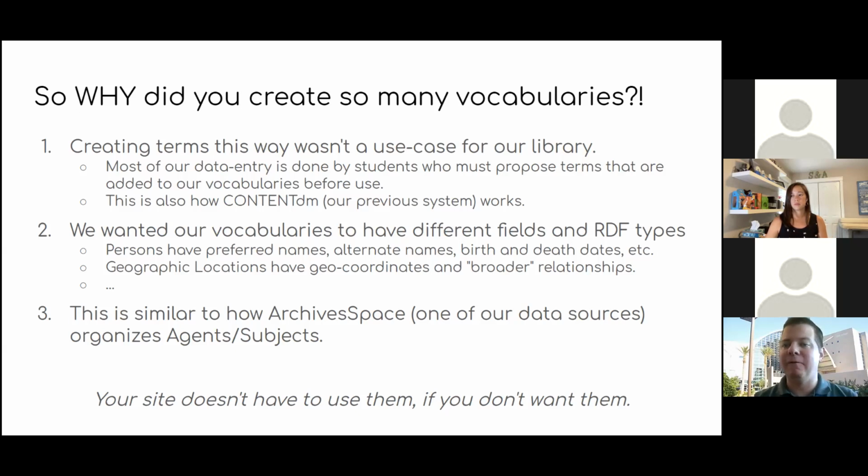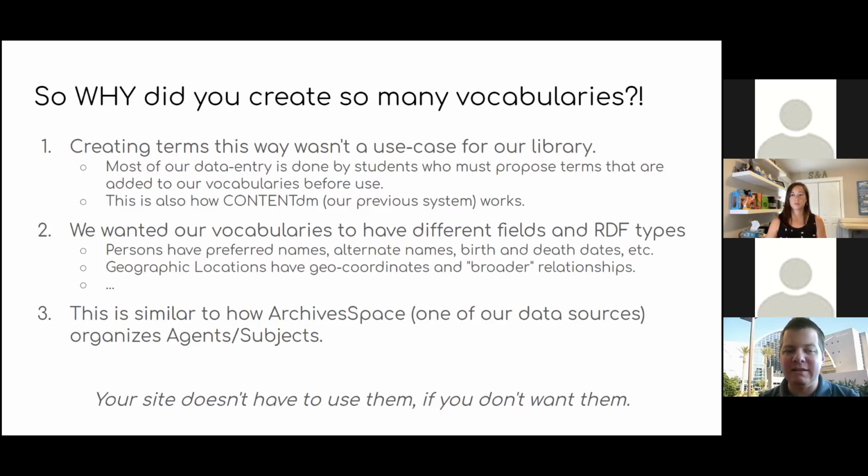And it might be slightly different for the corporate bodies vocabulary, because sure, they have inception dates and dissolution dates, but those aren't the same as birth and death dates, semantically speaking, right? Even though they also have preferred names and alternate names, it's not quite the same. So we wanted different vocabularies so we could describe these elements of the things we were using to link from our descriptions of our records. Geographic locations has a completely different set of fields that we want to use, including geographic coordinates, so we can link this to a map, right?